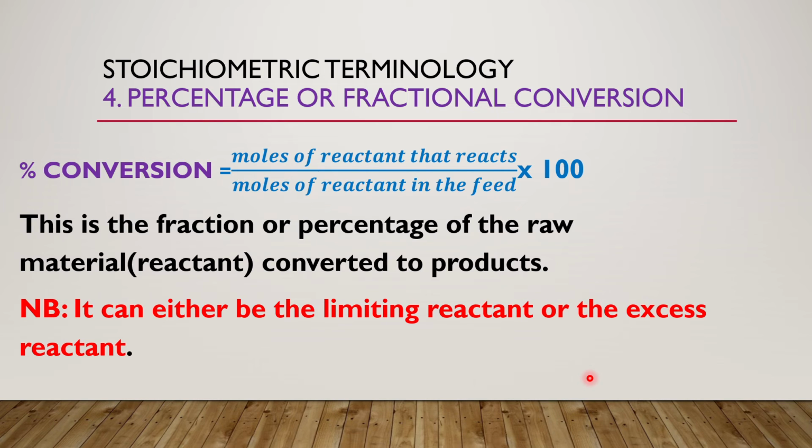Obviously, you have to multiply it by 100 to convert it to percentage, or you can leave it in fractional form, which excludes the step where you multiply by 100. Conversion can be conversion of the limiting reactant or conversion of the excess reactant, whereas DOC, the degree of completion, is strictly the limiting reactant. Here you can use either of the reactants involved in that particular reaction.